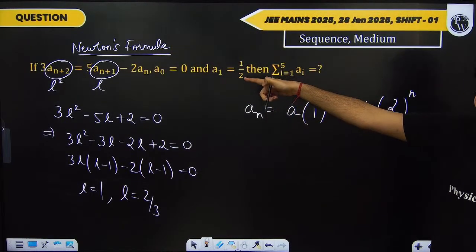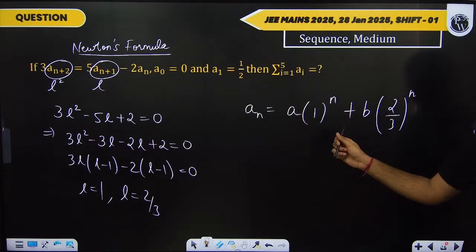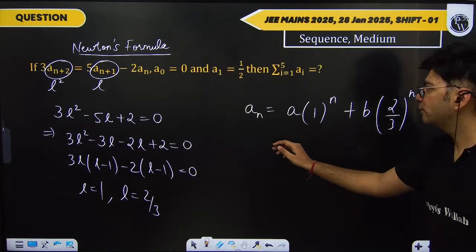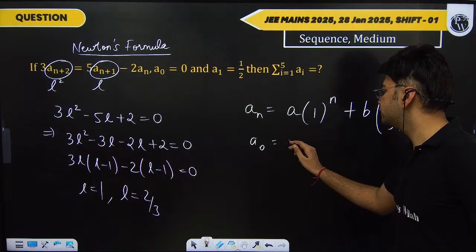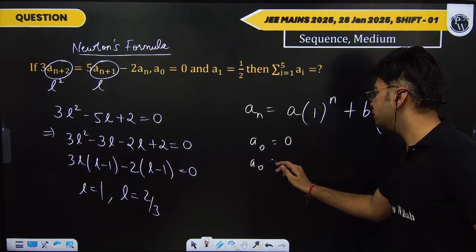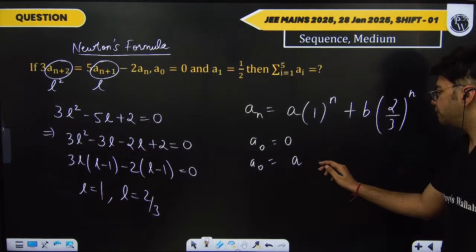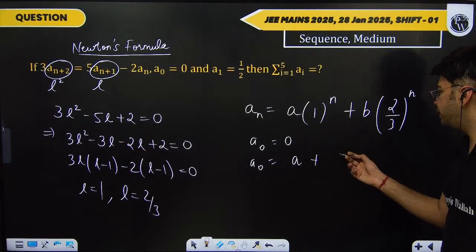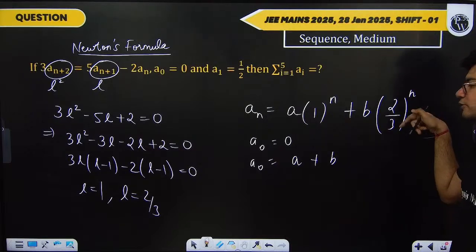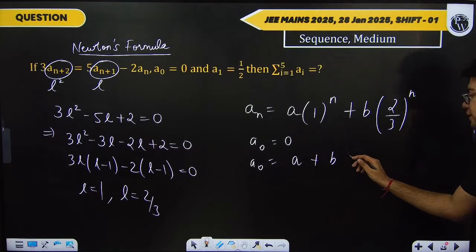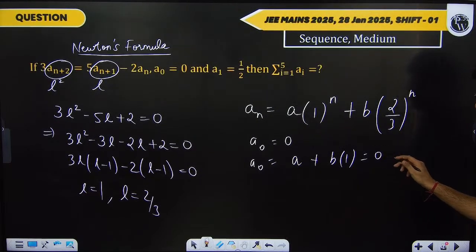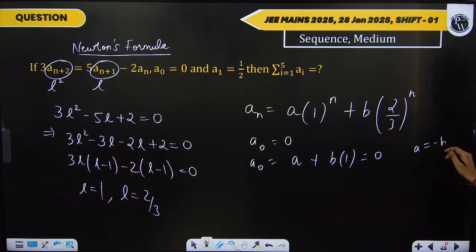So we will utilize this information to calculate the values of a and b. a0 is 0, so a0 equals a times 1 raised to the power 0 plus b times 2 by 3 raised to the power 0, which is again 1. This should be 0. From here I am getting a equal to minus b.